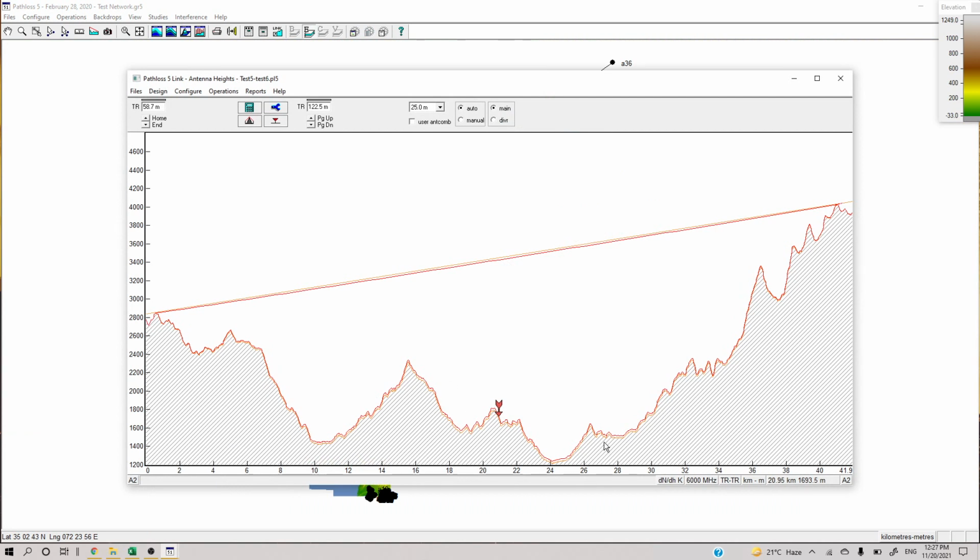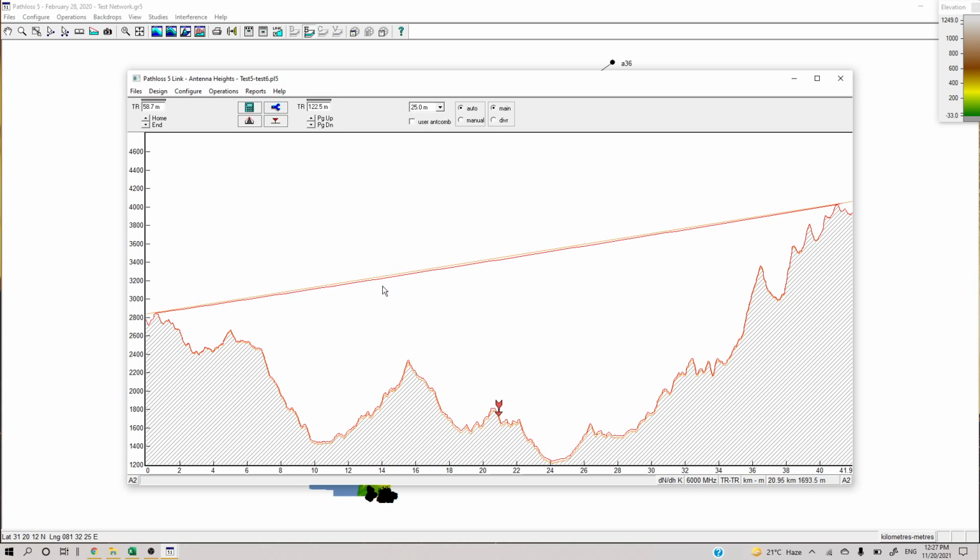You see this here, the effect of this dn by dh, or the k value, is very minimal. You can see that the optical line of sight and the line of sight for this wave are almost on the same path. You cannot even see the difference between this red and yellow line. They are almost in the same place.